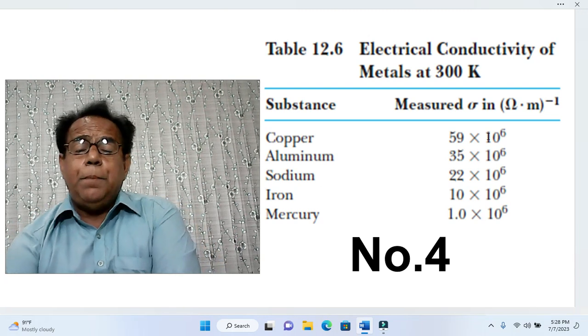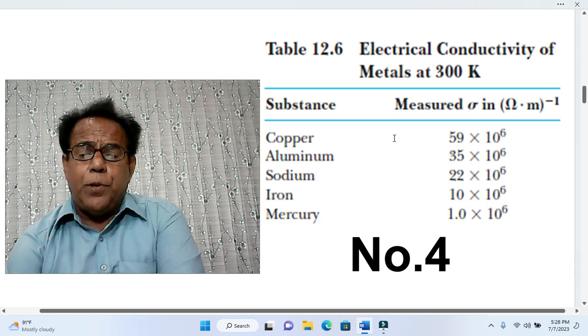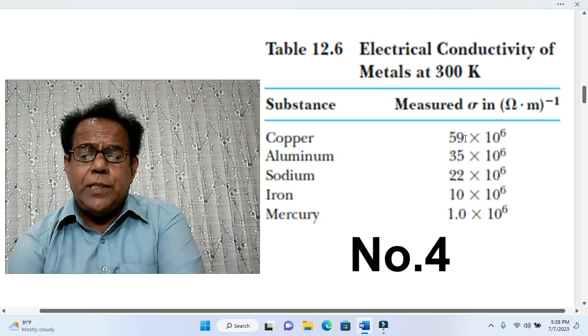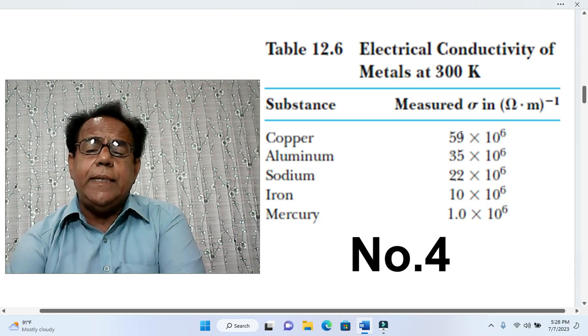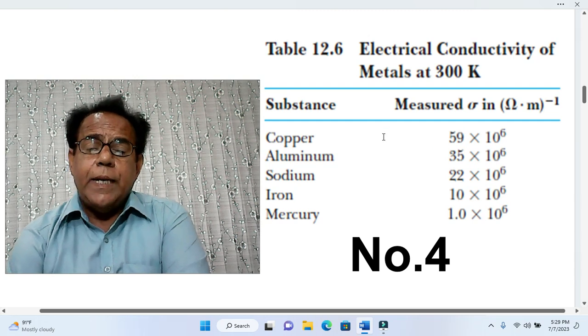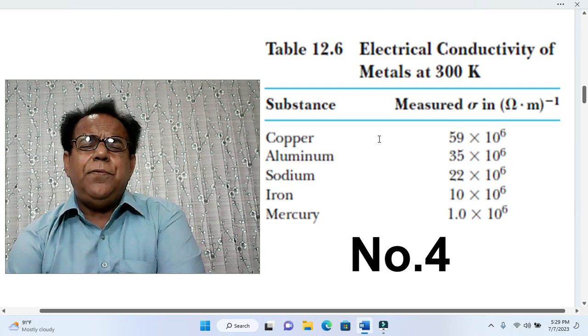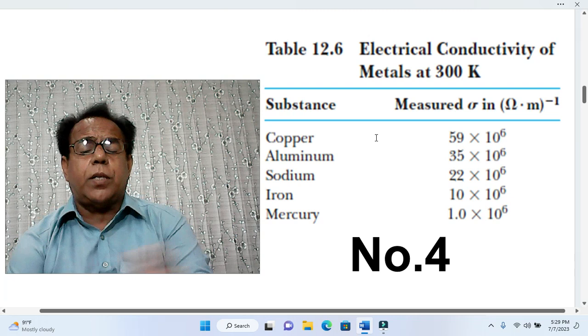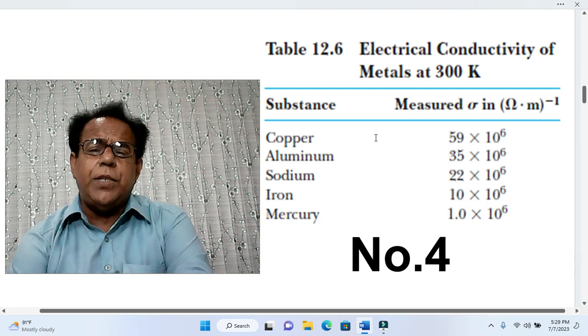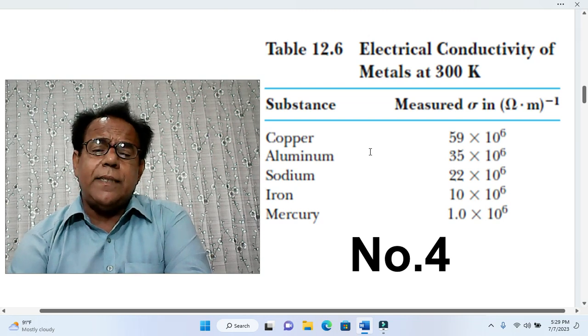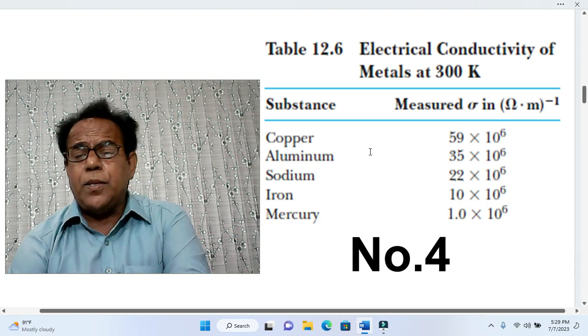But the purpose of this table is to develop confidence that even if this value is not provided in the statement, we can take it from such tables of constants, which are very widely used throughout books of solid state physics. Solid state physics books are full of such tables.